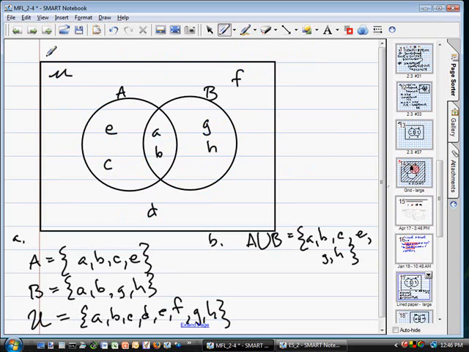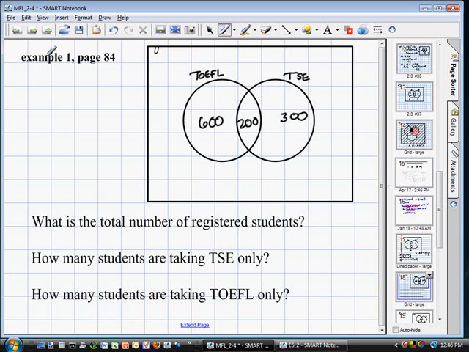And I'm not exactly sure of the context here. Let's just go to example 1, page 84. Okay, actually, you don't even have to look. I've got it all up here. They actually gave us this picture with a Venn diagram.